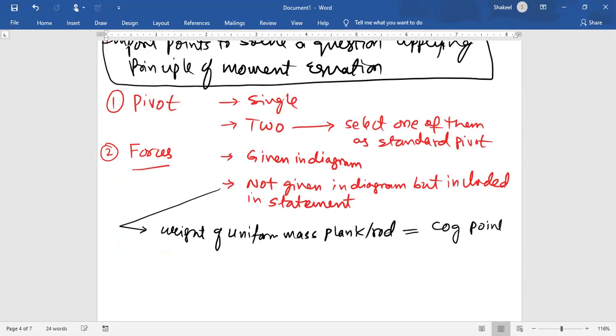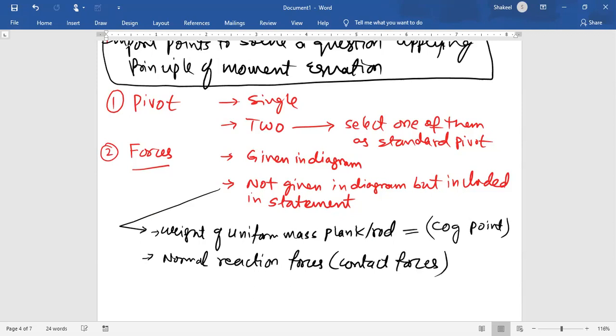So you have to look for the center of gravity point, and from there you will mark the weight. And the second point in it is normal reaction forces. So these are the contact forces that act at point of contact and in vertically upward direction.